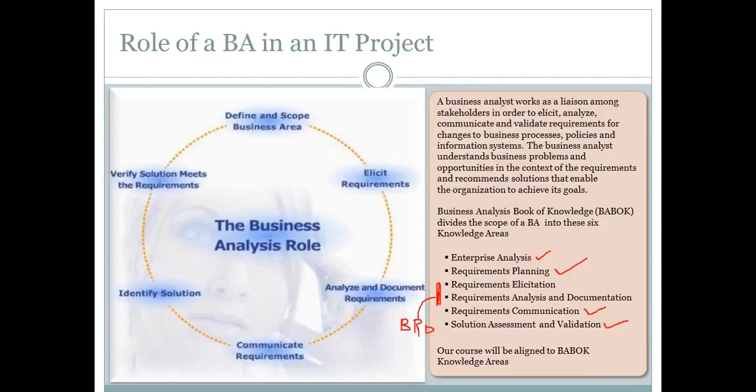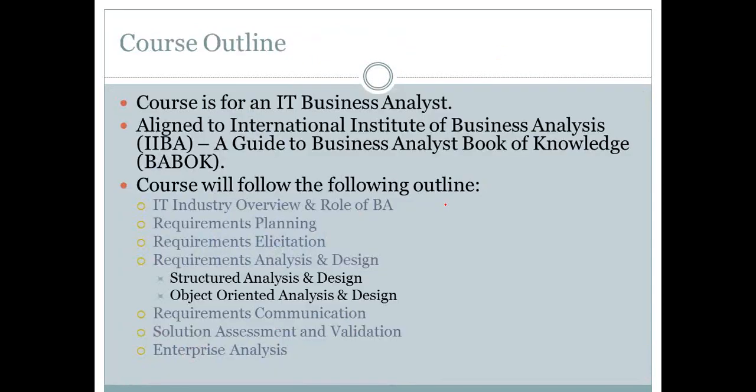Now, who has classified or specified these 6 knowledge areas? There is an organization called IIBA, which basically oversees this profession of business analysts, right? So it's a non-profit organization. They are the ones who offer the CBAP certification, Certified Business Analyst Professional, right?